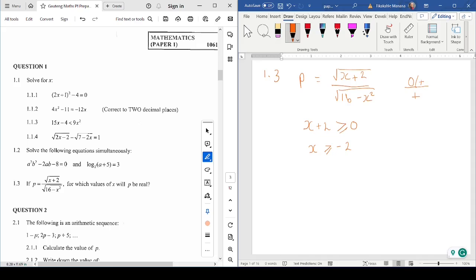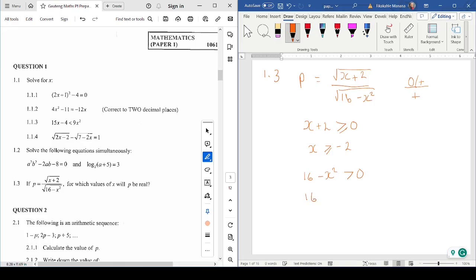Remember, these are conditions for the surds. At the bottom, 16 minus x squared has to be greater than 0 to show that it's positive. You don't put an equal sign, because equals to 0, it will be undefined. So I'll just take x squared to the other side.